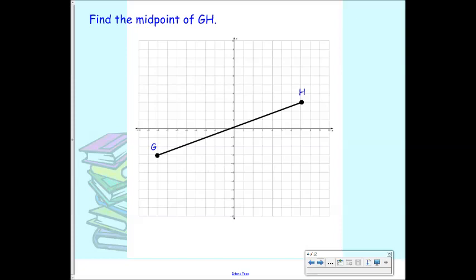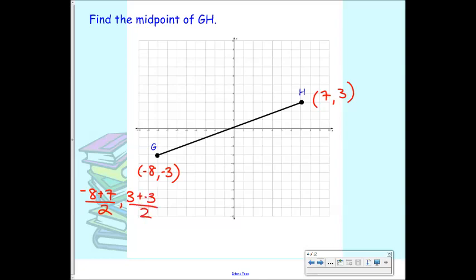Okay, so let's try this one. All right, what would I do here? You divide it by 2. No, you do -8 plus 7 divided by 2. And then you do 3 plus -3 over 2.